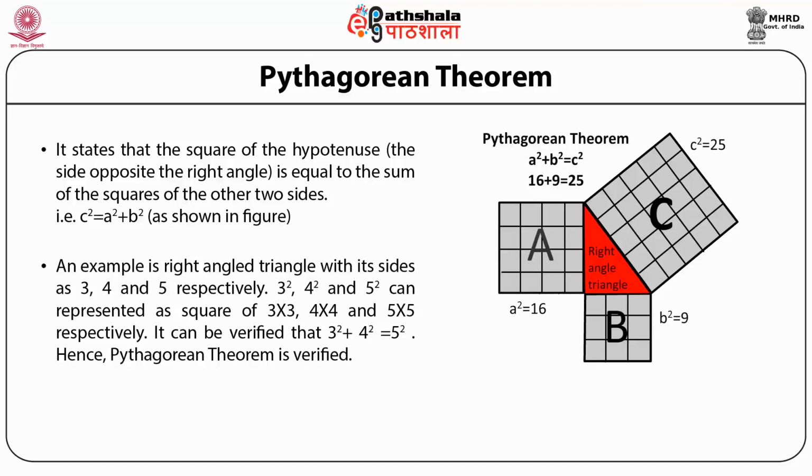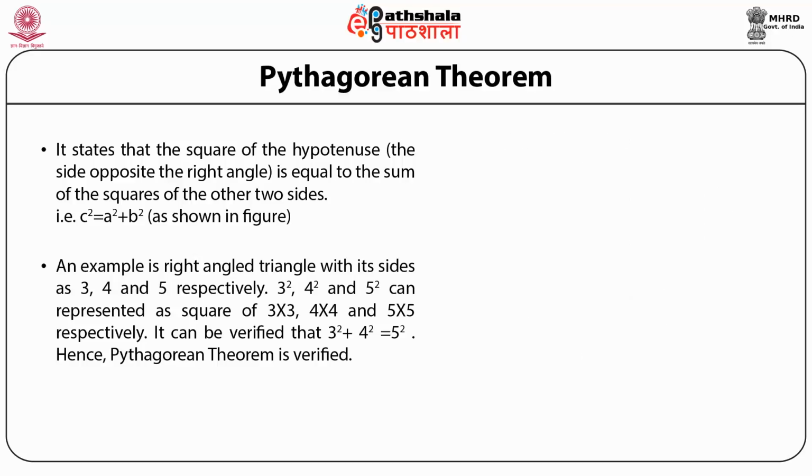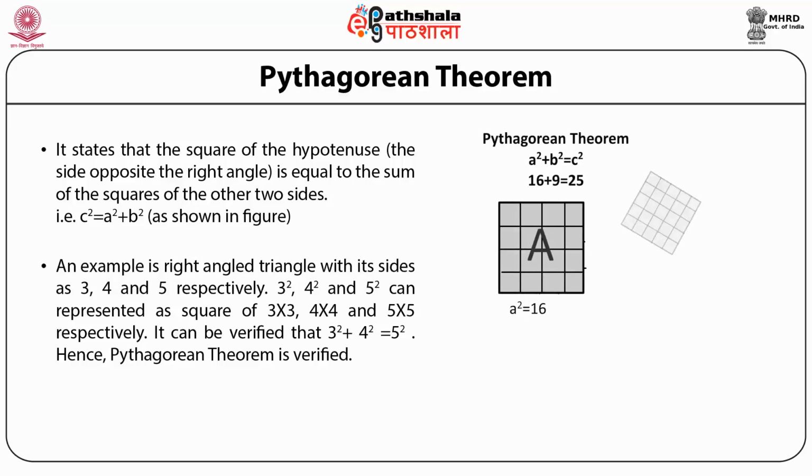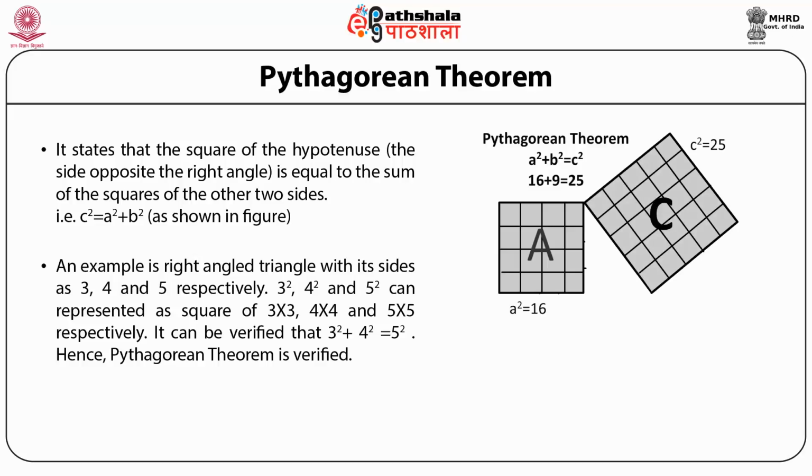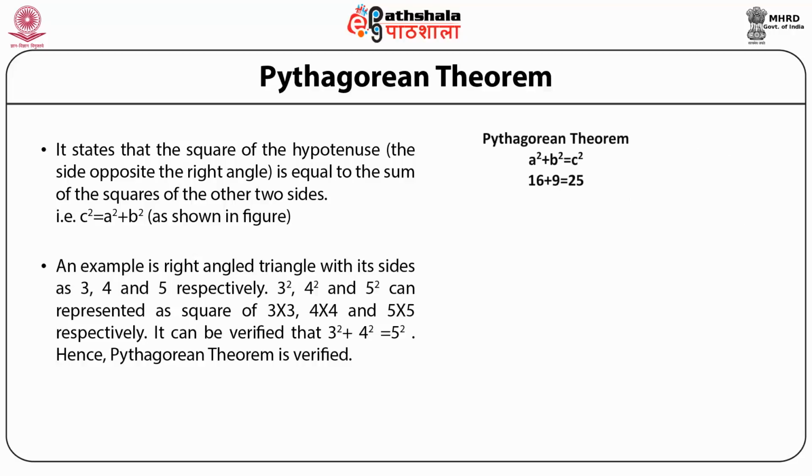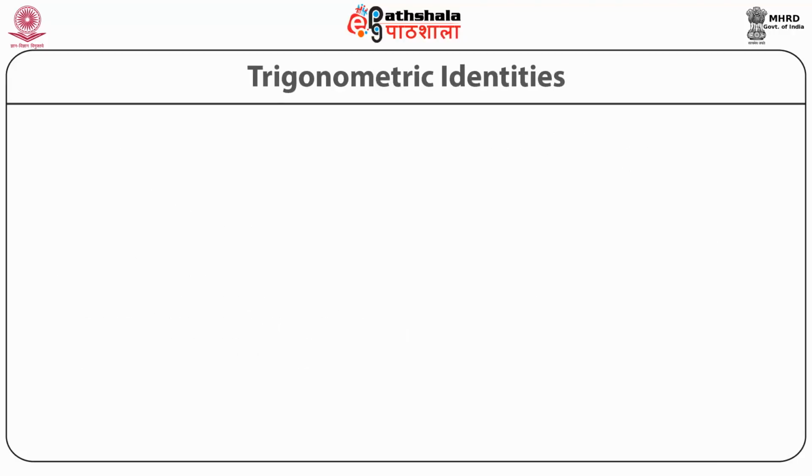Similarly, B squared is a square formed by taking one of the sides of the triangle as its side. Then the sum of the areas of A and B will be the same numerically as C squared.